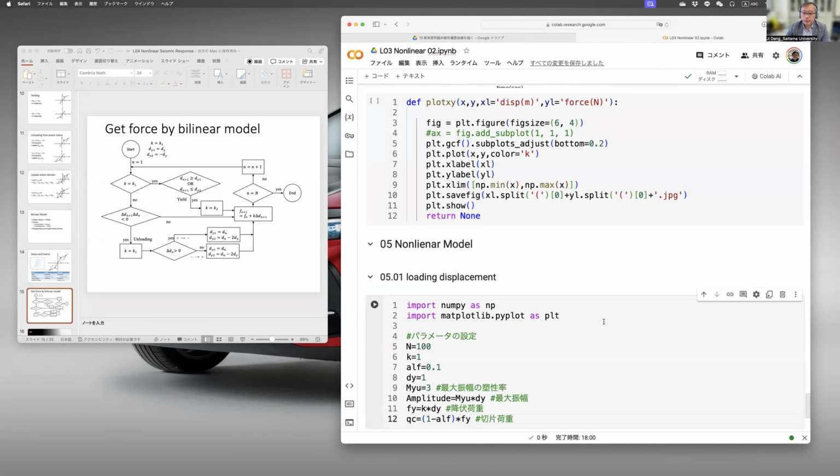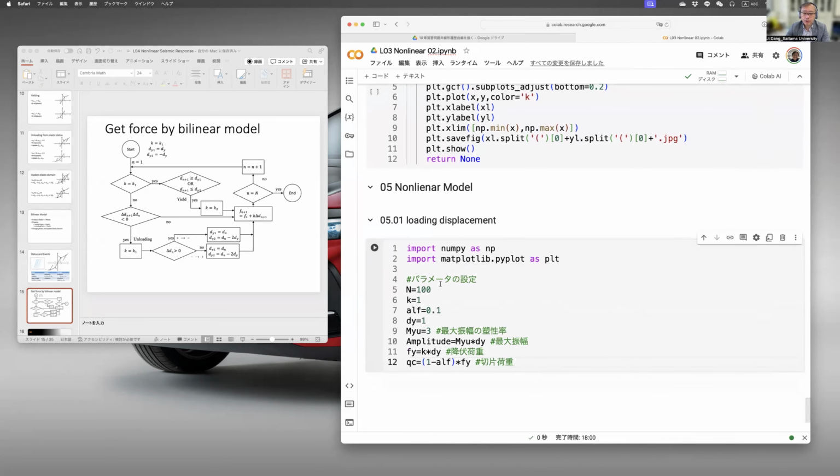We have 100 calculation points. Sigma equals 1, alpha equals 0.1, dy equals 1. And mu is the maximum amplitude, so the amplitude will be mu multiplied by dy. ky equals k multiplied by dy. QC is the critical force, and we'll talk about it later.